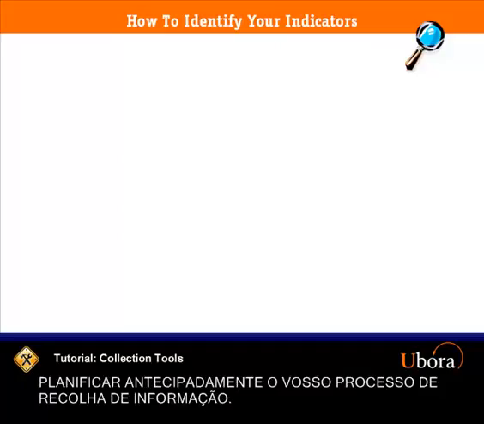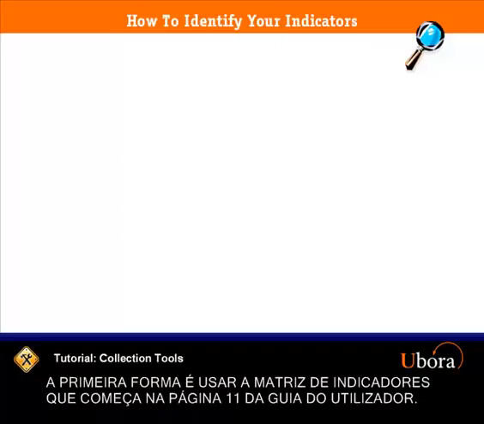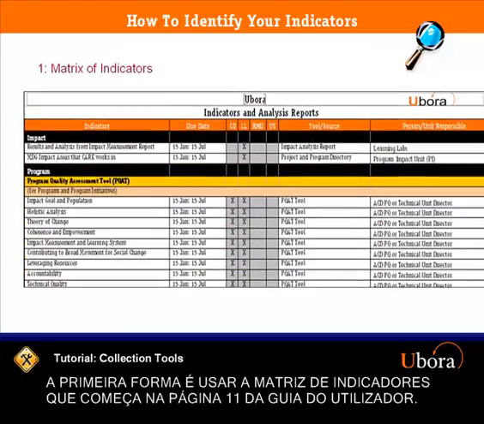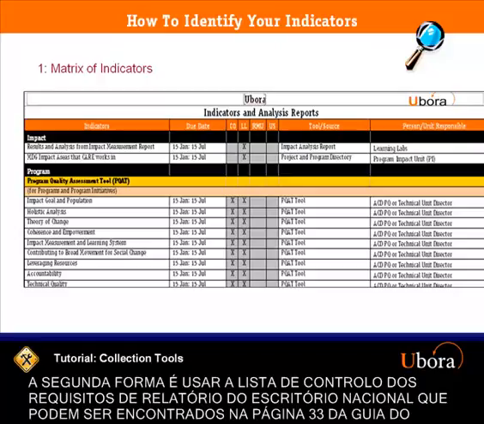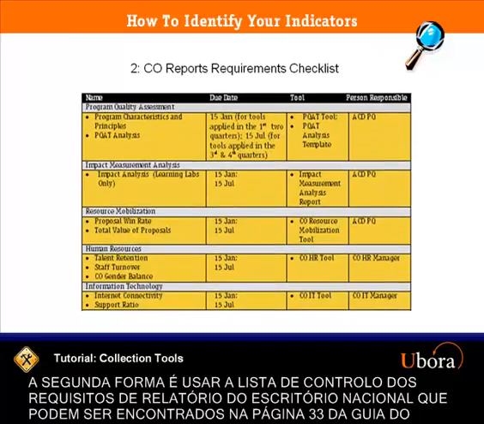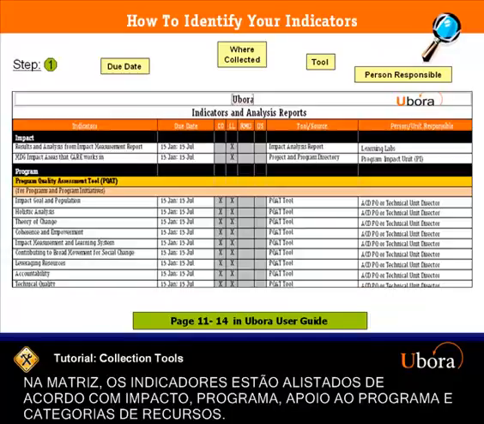Identifying your indicators can be done in two ways when using the FY10 Ubora user guide. The first way is to use the matrix of indicators, which starts on page 11. And the second way is to use the CO reporting requirements checklist, which can be found on page 30 of the user guide. Let's explore the first way, the matrix of indicators. In the matrix, the indicators are listed by impact, program support, and resource categories.